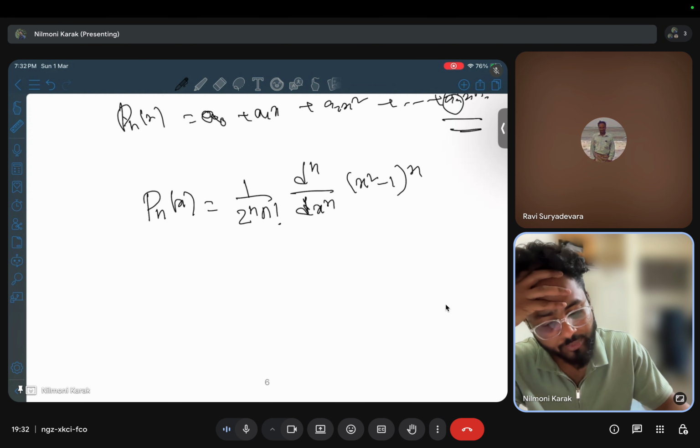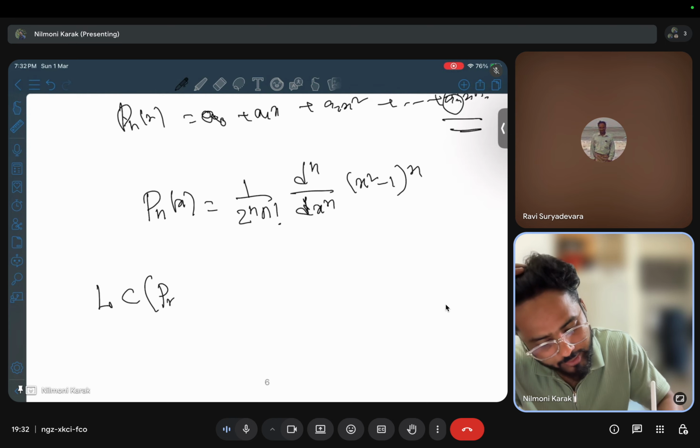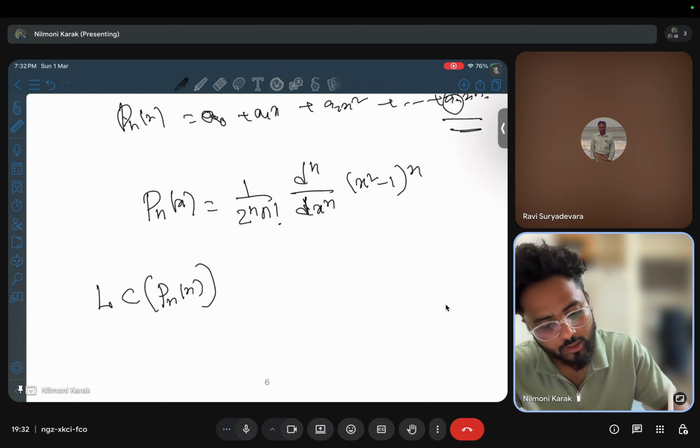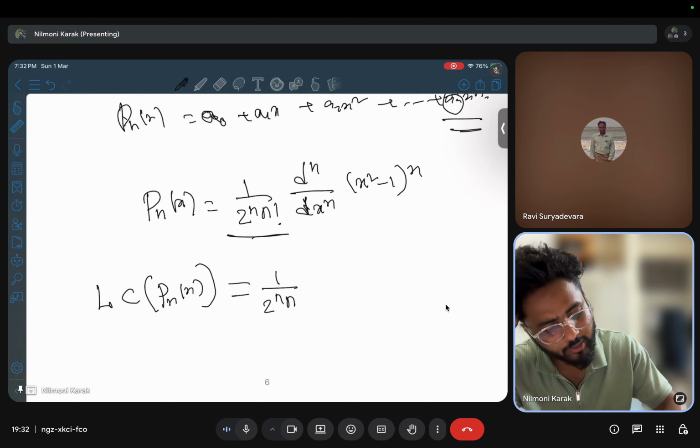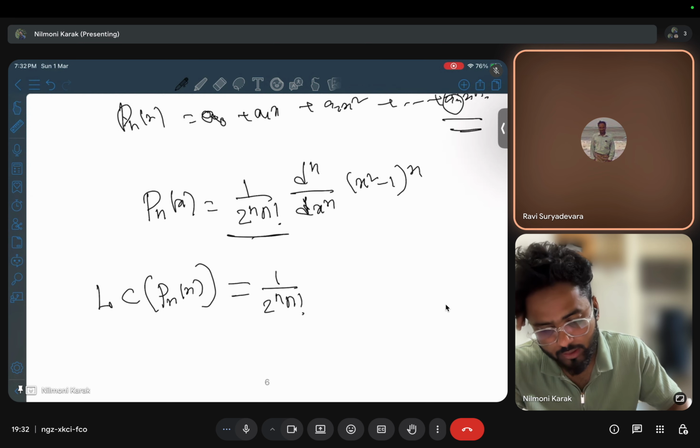What is the leading coefficient of P_n(x)? First, the constant 2 to the power n factorial you can take outside, this won't affect it, right?